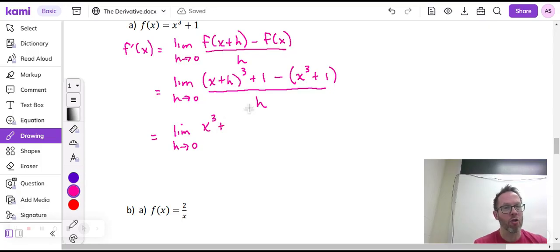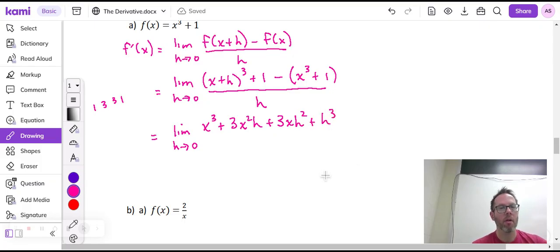So we would have x cubed. And then if you guys recall that row in Pascal's triangle, 1, 3, 3, 1, we'll have 3, and then take one exponent from x and add 1 to h, and then take another from x and add 1 to h, so 3x h squared, and then 1 times h cubed. That's x plus h all cubed.